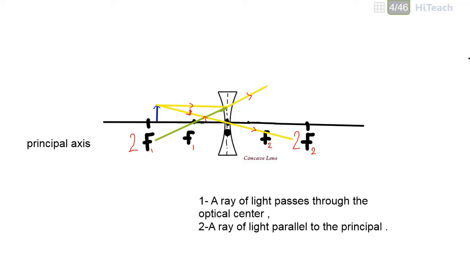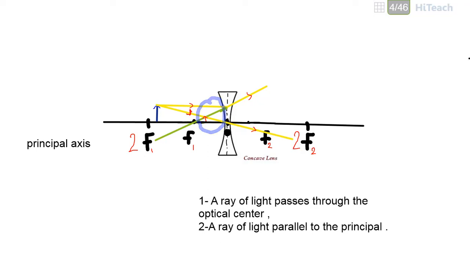And as you see here, let's talk about the properties. Look at it here from the extension. The first property: is it a real or virtual image? Because it is from the extended rays, not the refracted rays, it is a virtual image. This is the first one. Look at the length. Which one is smaller? For sure the image is smaller than the object, so it is a smaller image. The third thing is, look at it, it's right side up.